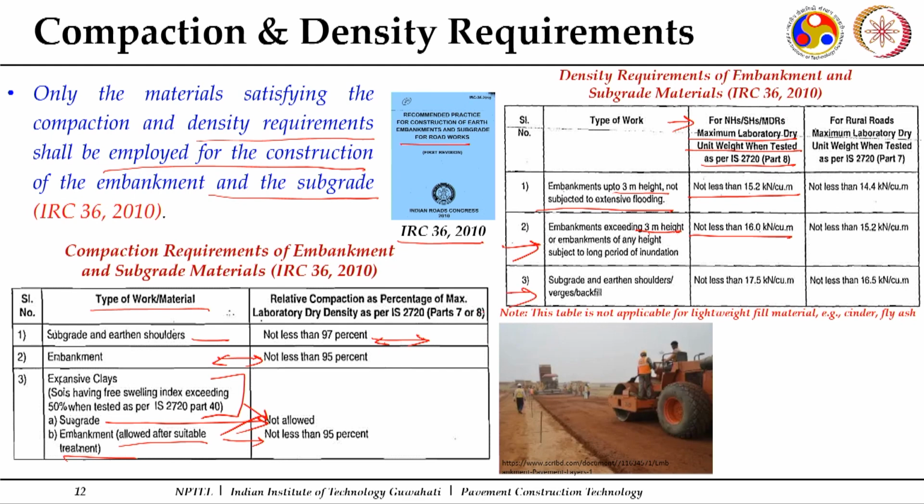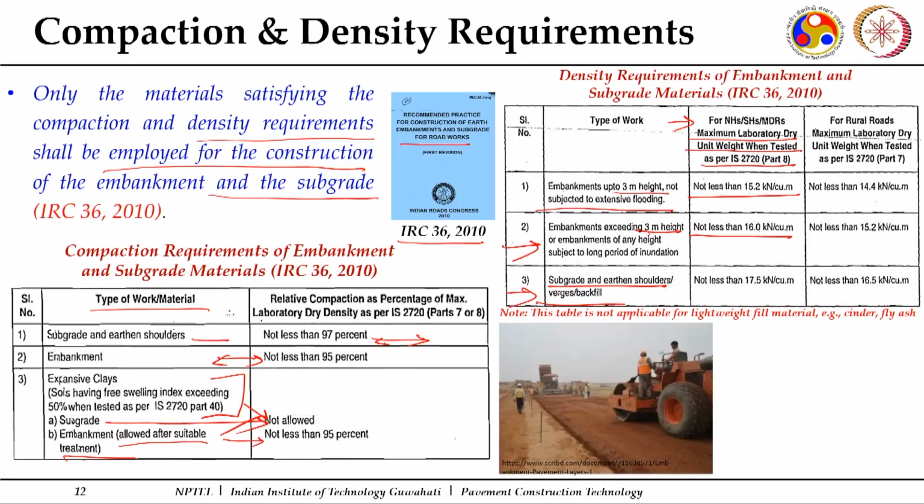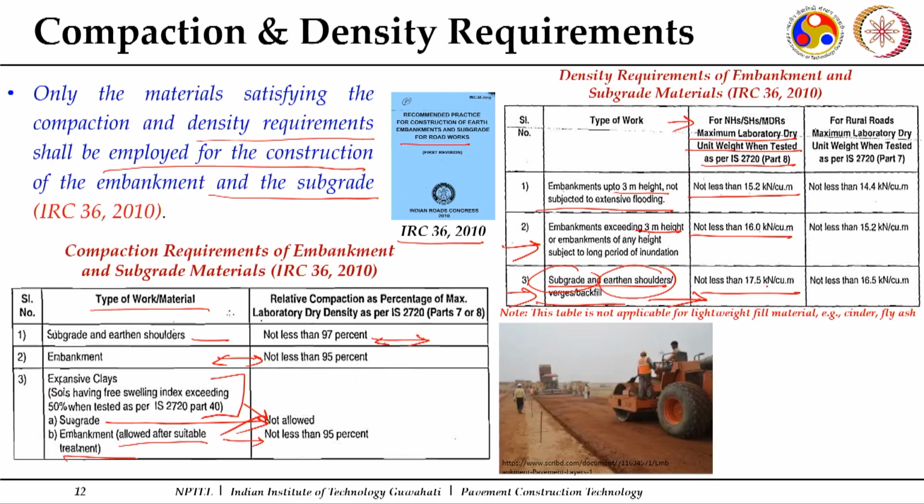If I am using a soil for a subgrade, and here see earthen shoulders, the unfortunate part is many a time, because of some lack of knowledge, information or control, we miss using good quality soil in earthen shoulders. And even if we don't have good control, we can miss it in subgrades also. It says that the density should not be less than 17.5 kilonewton per cubic meter.